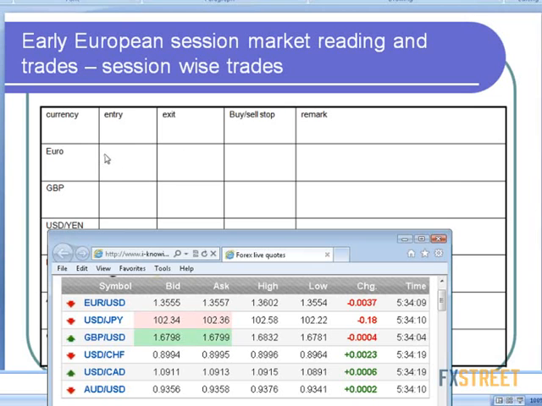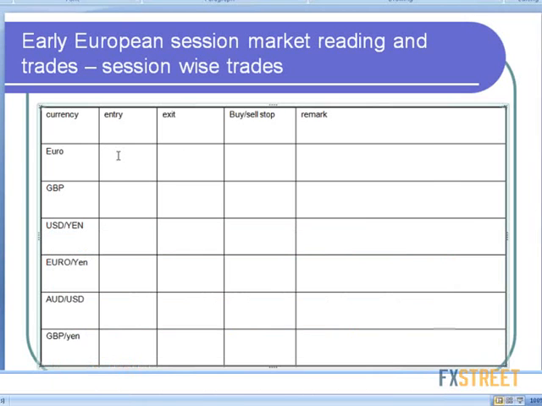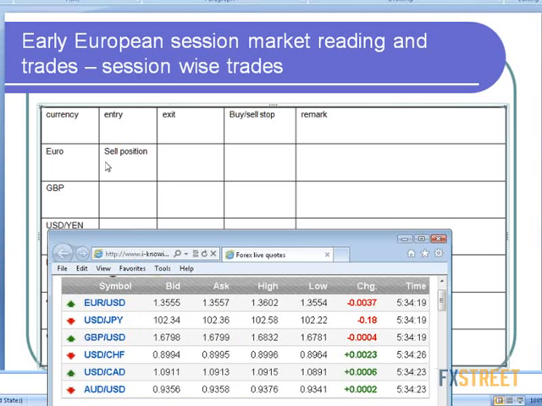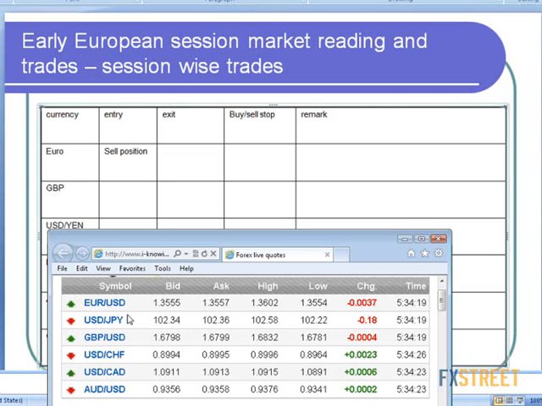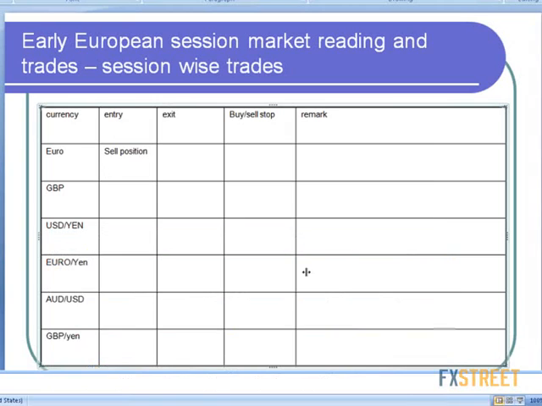So just to show that it is an intentional move, I'll take a sell position after that drop, which I don't recommend at all, but for the sake of proving that type of move, I'm just taking a sell position at 1.3555 with an entry stop or buy stop 30 pips above.